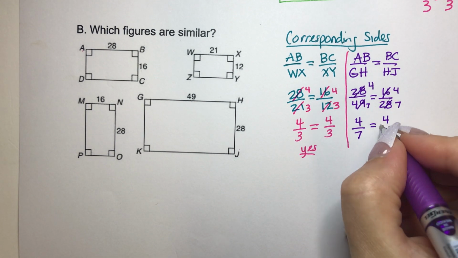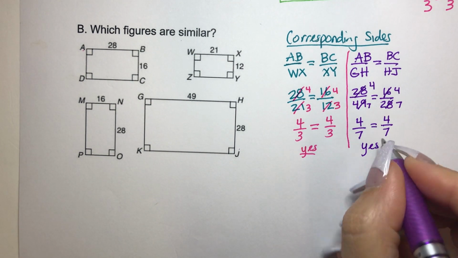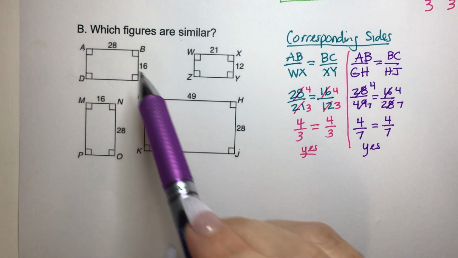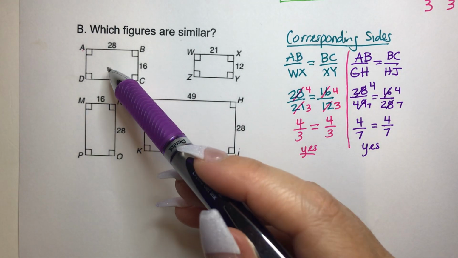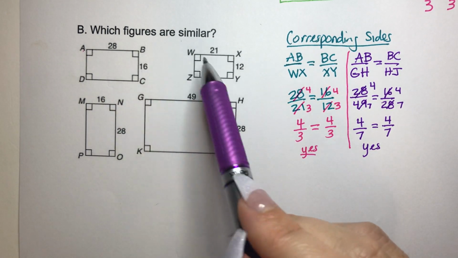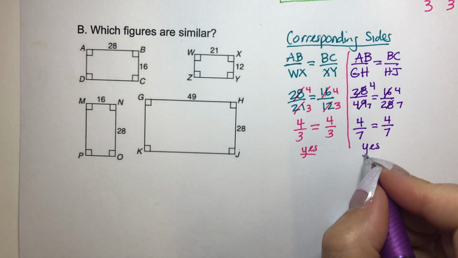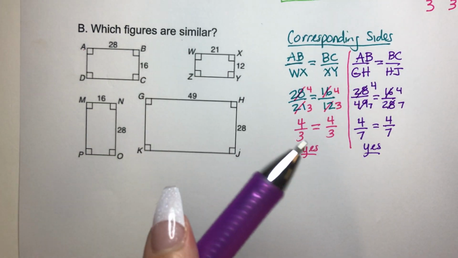So this is 4/7. So this means, yes, they are similar. So right now, this triangle is similar to this triangle, and it's also similar to this triangle here. So now we just have to see if this, did I say triangle? I meant rectangle. This rectangle is similar to this rectangle, and this rectangle is similar to this one, right? So now we just need to determine whether this rectangle is similar to this one.